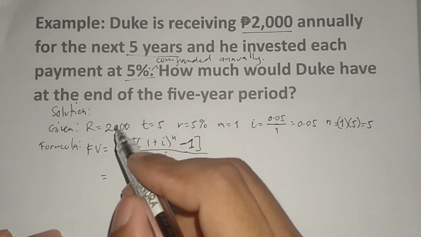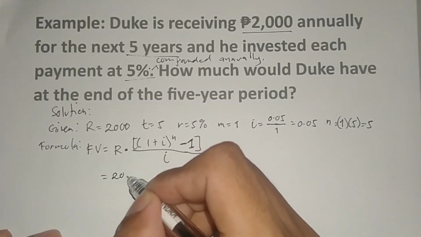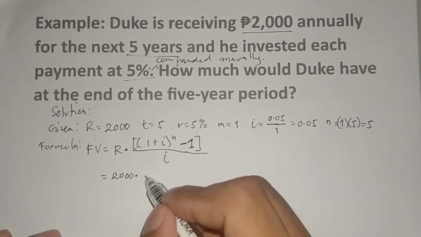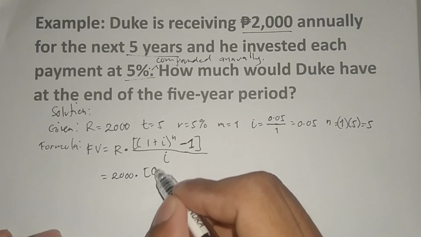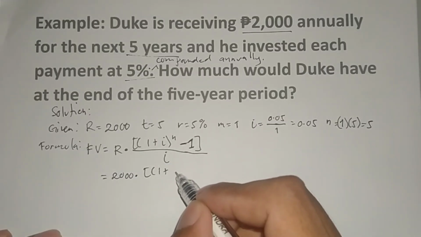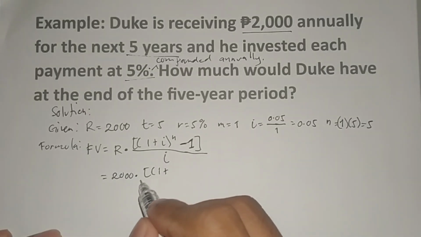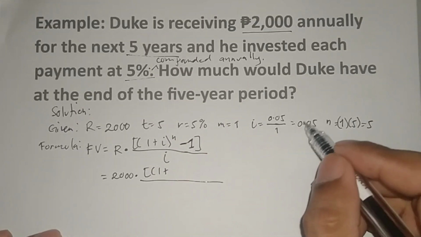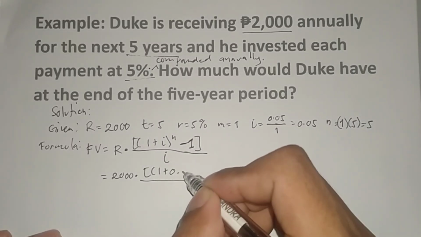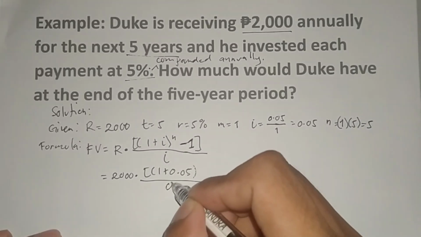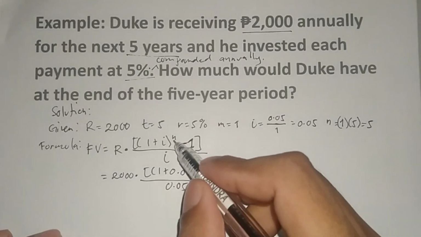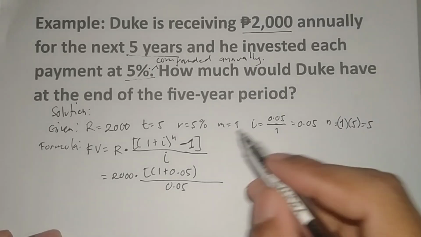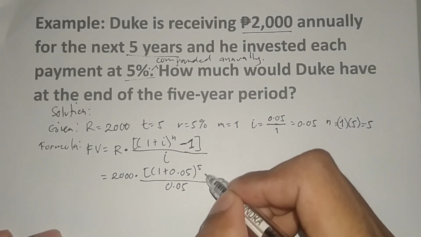So R will be 2000. Copy the parenthesis and the 1 and the plus. So we have 1 plus, and the I, we will change it to its value, which is 0.05. Now we will copy the value of n, which is 5, then minus 1.